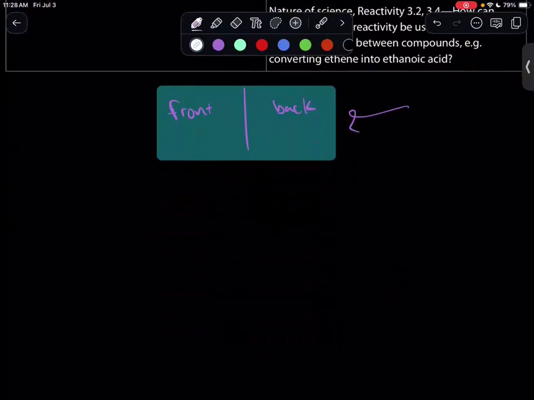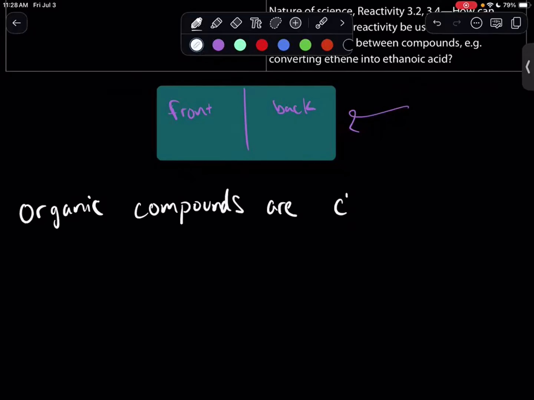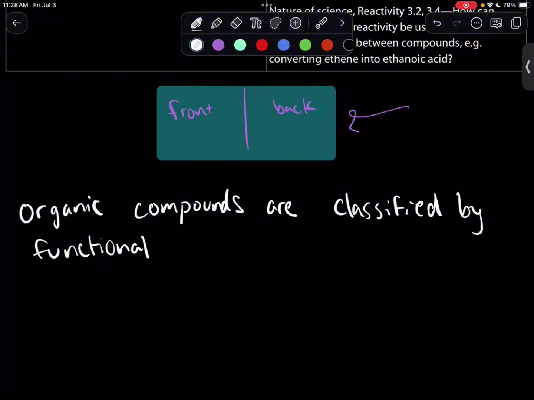Well, like we said earlier, organic compounds are classified by functional groups. Now, I mentioned in the last unit a functional group and kind of what that is.